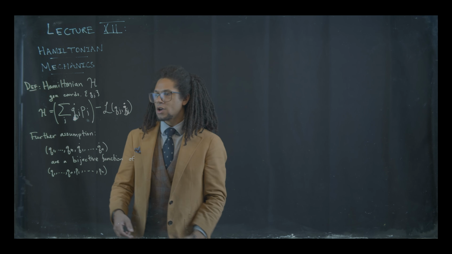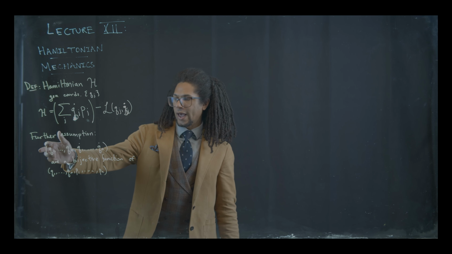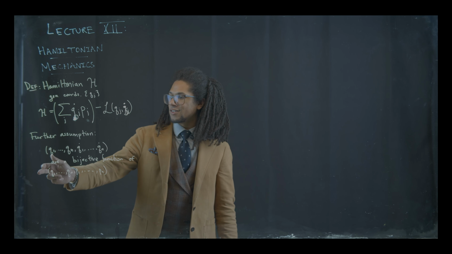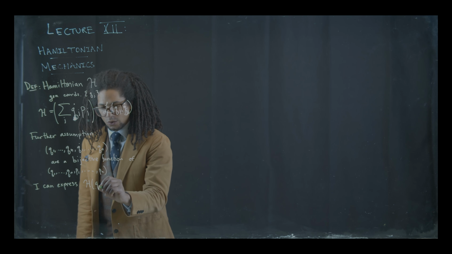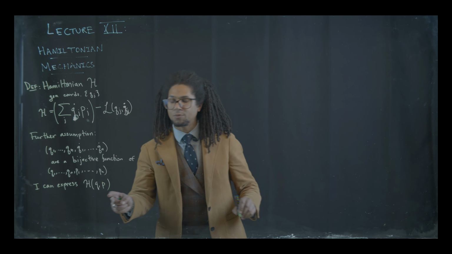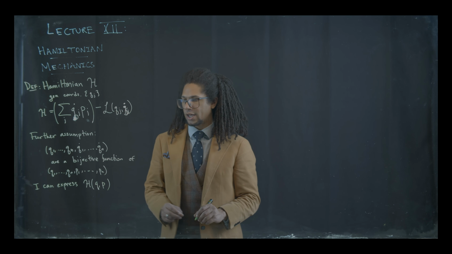In other words, for every 2n tuple here, we have exactly one 2n tuple here, and for every 2n tuple here, we have a 2n tuple in here. This means I can express the Hamiltonian as being a function of q's and p's, and I'm just going to say qp as a shorthand.